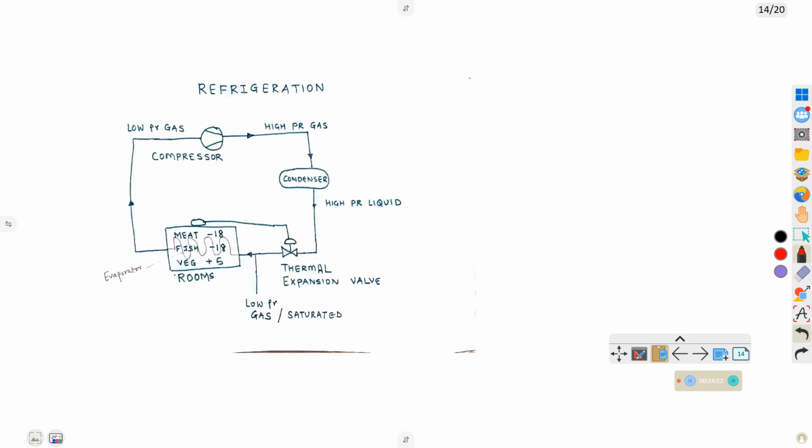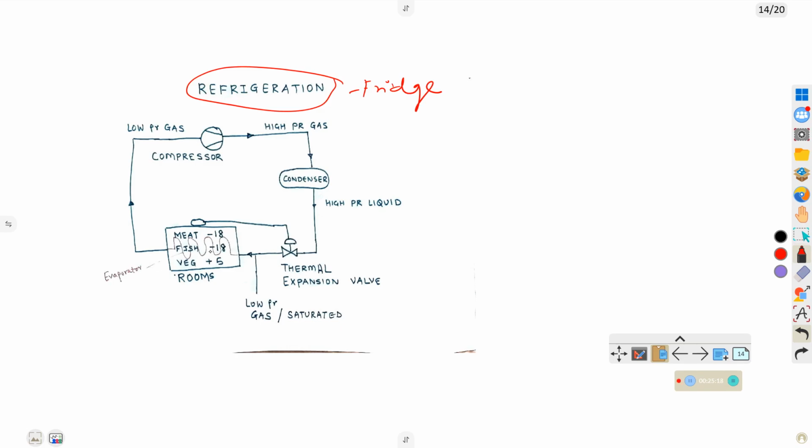Now we'll go for refrigeration. Refrigeration means just like our fridge. What parts does it consist of? It consists of compressor, condenser, thermal expansion valve, and evaporator.